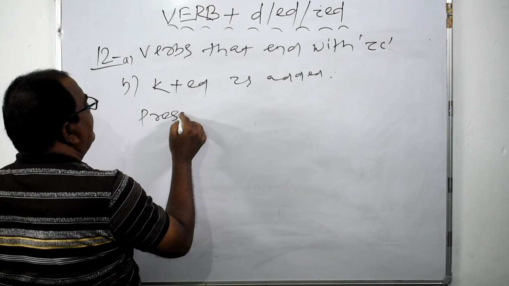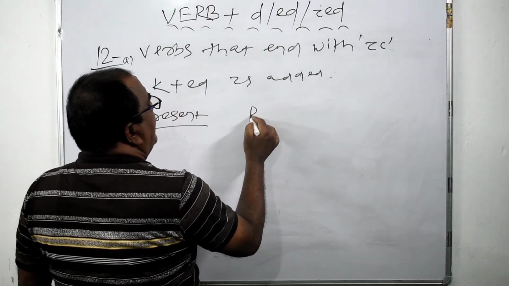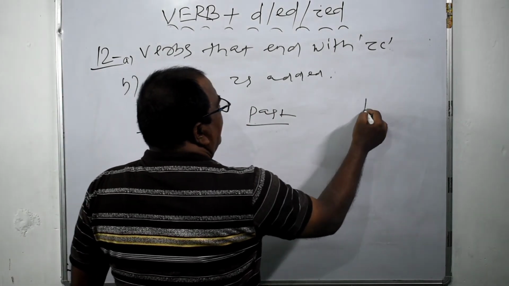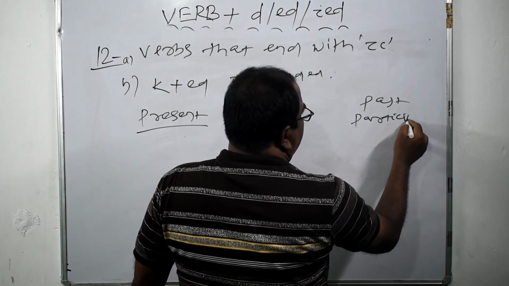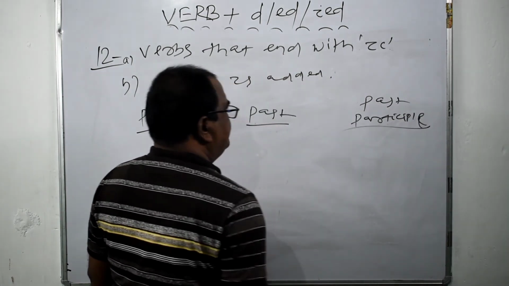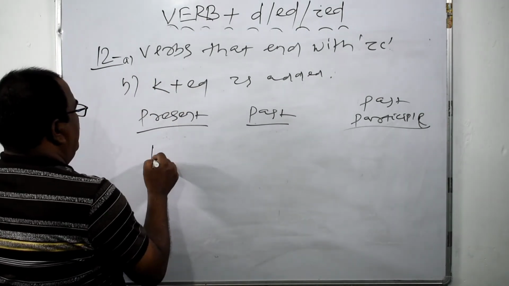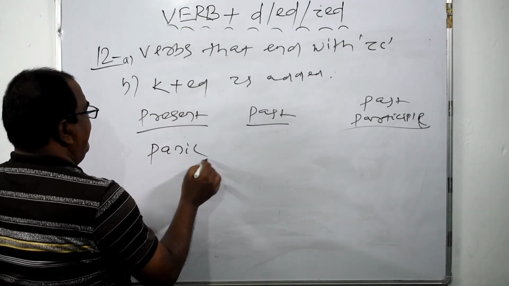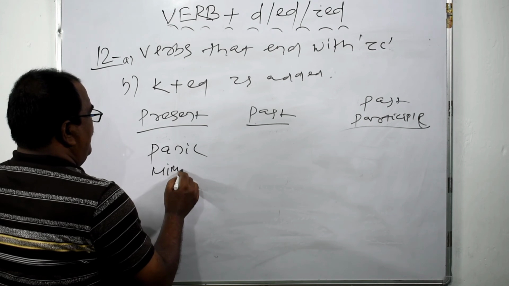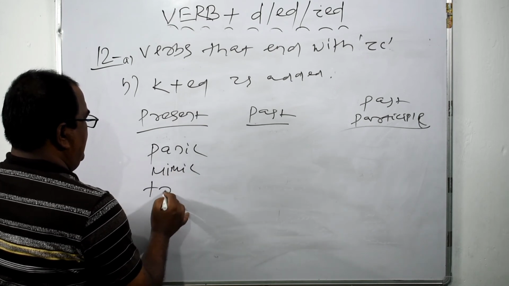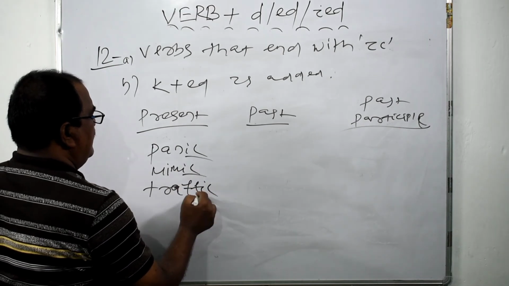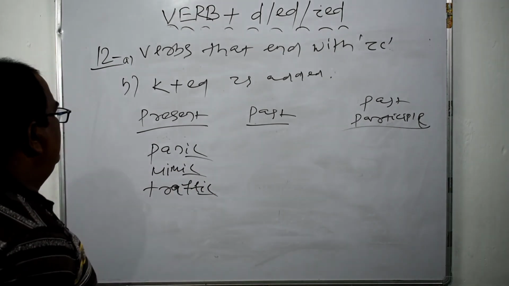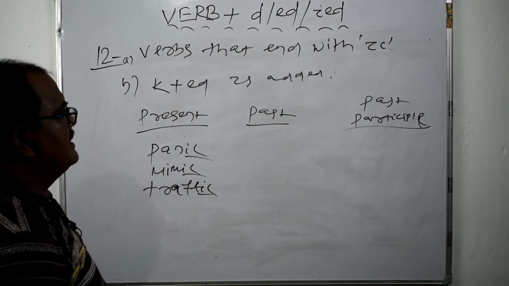Present, past, participle. Panic, mimic, traffic. Look at the verbs. They end with IC.